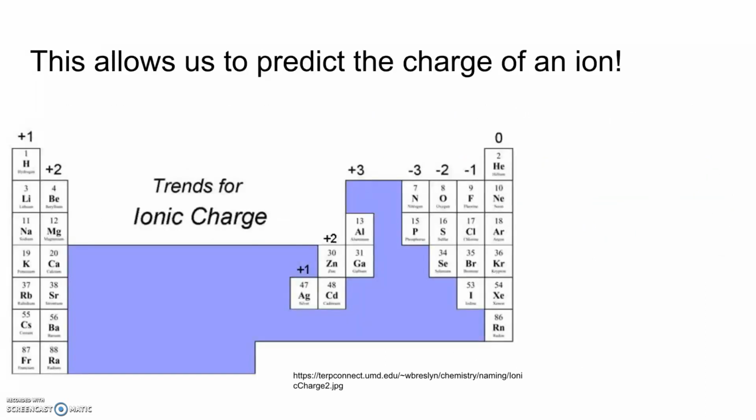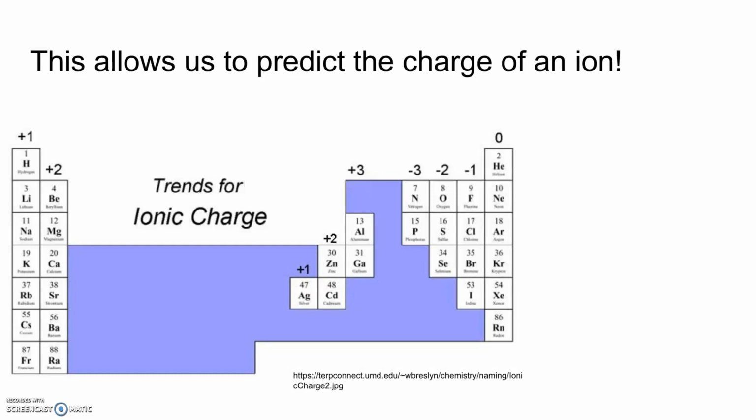So let's talk about how this really allows us to predict the charge of an ion. You can see that everything in that very first column, so the alkali metals plus hydrogen, both of those end up with a +1 charge. Then our alkaline earth metals, they all have a +2 charge. The +3 is a little tricky. Boron's not amazing at being a +3, so I would skip over boron.